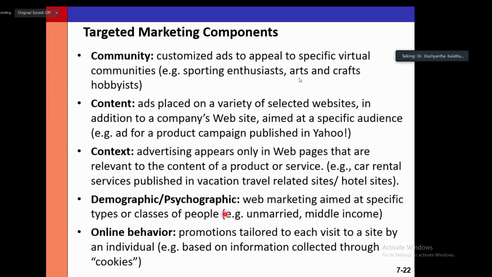But to continue with this one, I highlighted that we need this information. So we should have access to this demographic or psychographic information about the particular customers, then select the specific group.